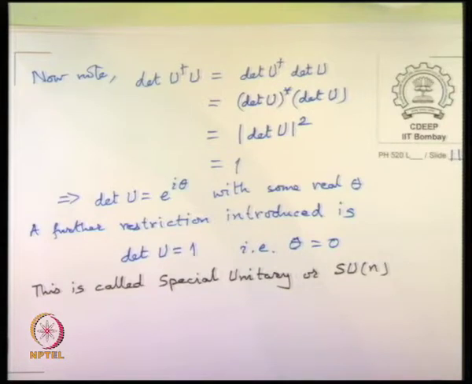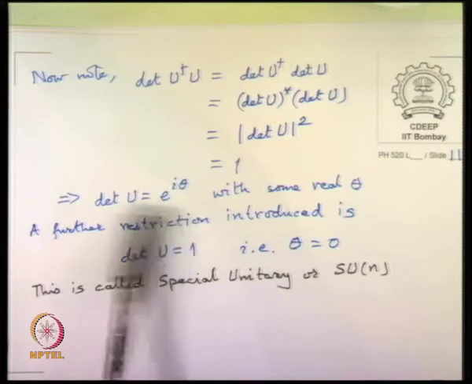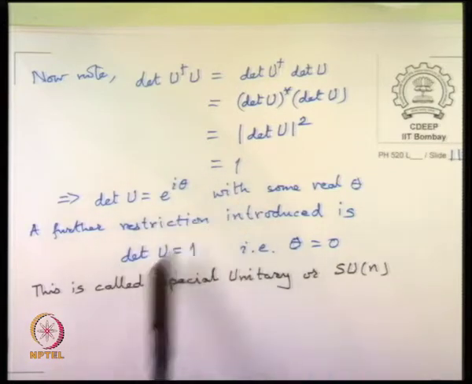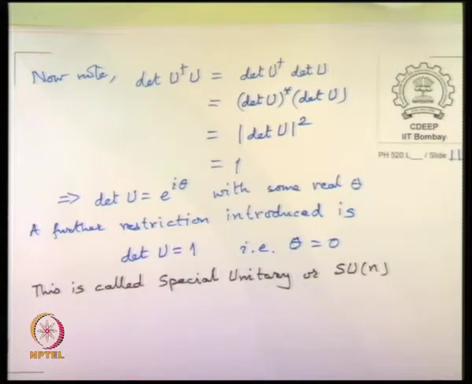In quantum mechanics, the only thing that we need for the norm of the wave function to remain the same is that they have to be unitary.